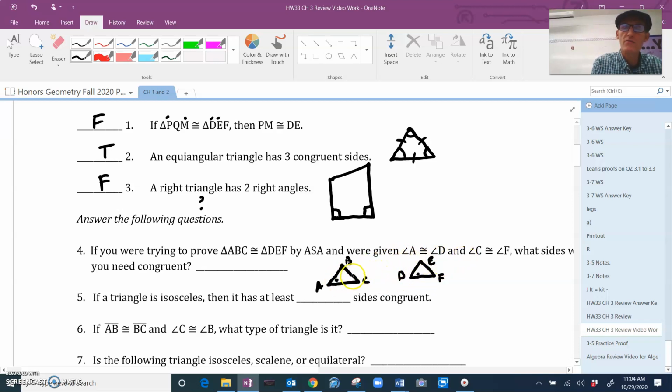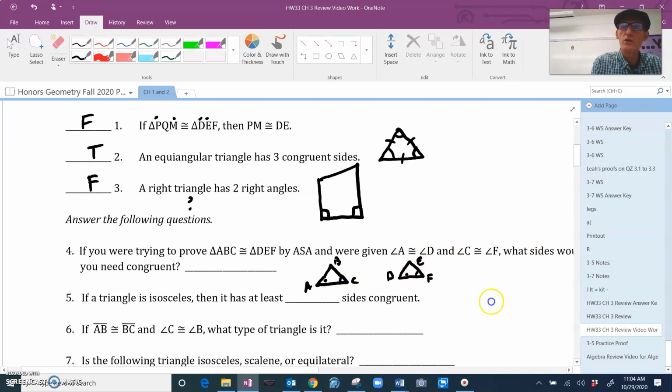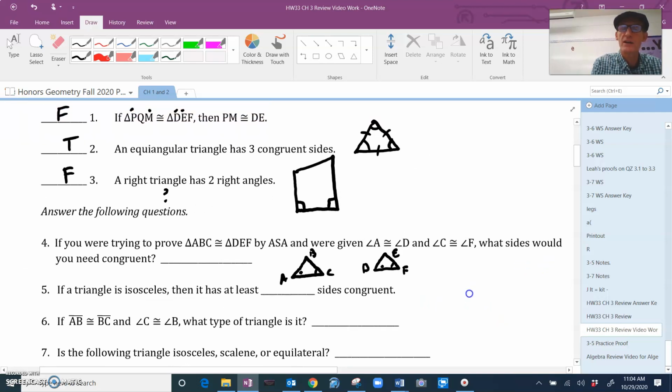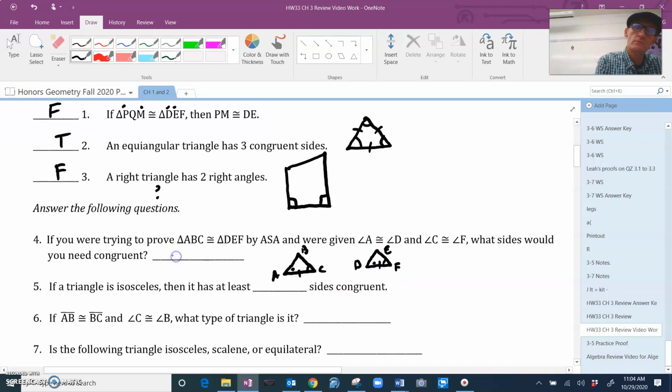C is congruent to F, so C and F. What sides would you need congruent? Okay, by angle, side, angle. So it's AC congruent to DF, by angle, side, angle.